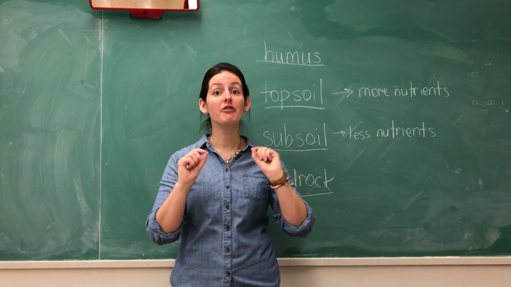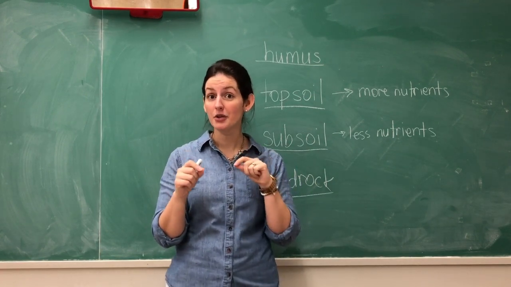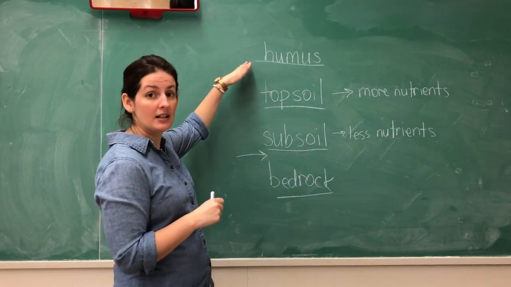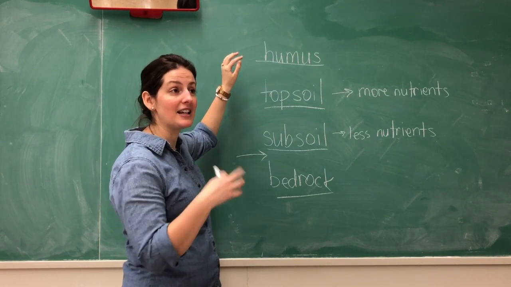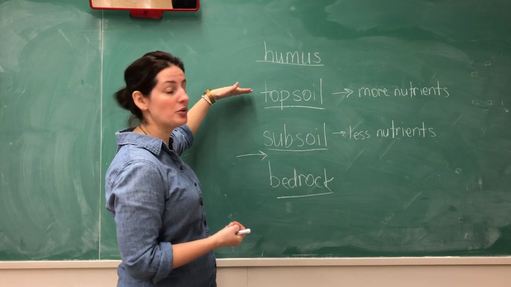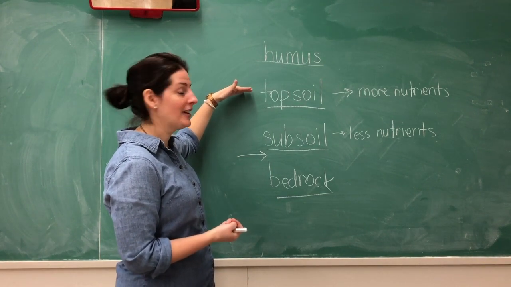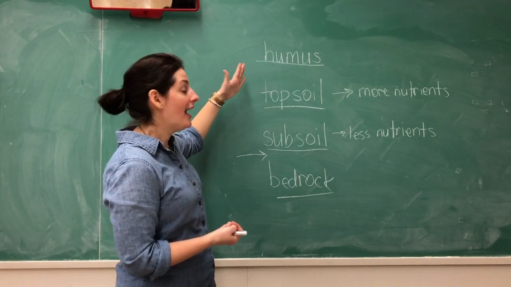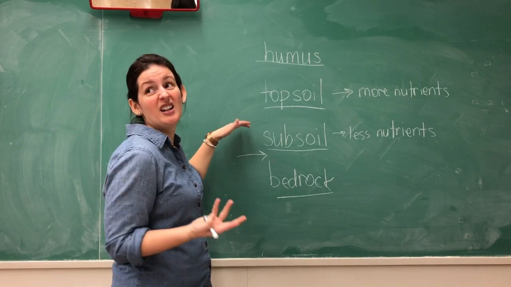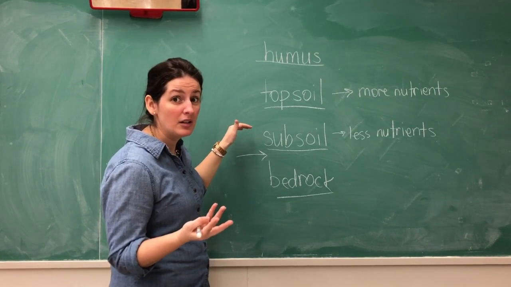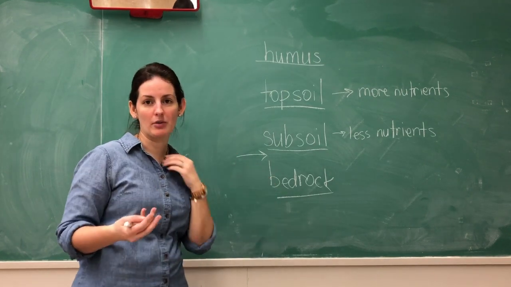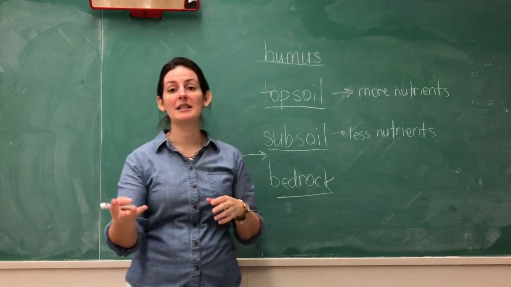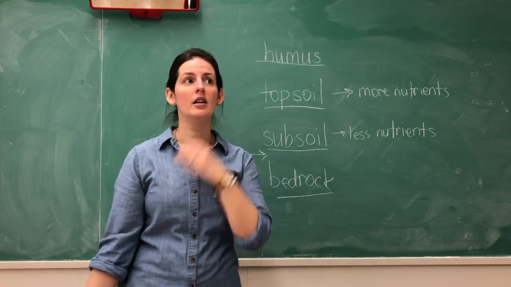So, 4 layers of soil. Humus, which is so important, these dead things that are decaying, providing nutrients for the topsoil, where things can grow, on top of the subsoil where things don't really need to grow, so there aren't many nutrients. Finally, it's all resting on top of bedrock. Now, some of you may be saying, what's under the bedrock? Awesome question.